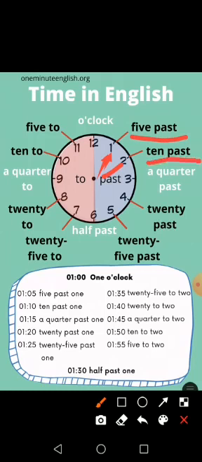When the minute hand is on 3, we say a quarter past. When the minute hand is on 4, we say 20 past. When the minute hand is on 5, we say 25 past, okay?